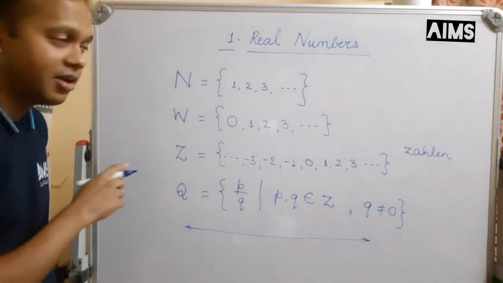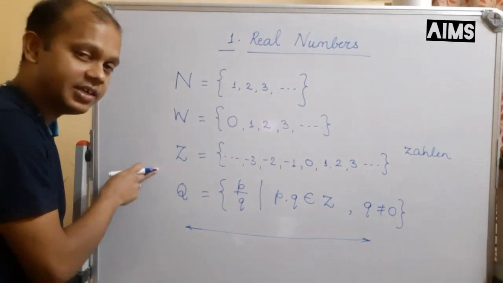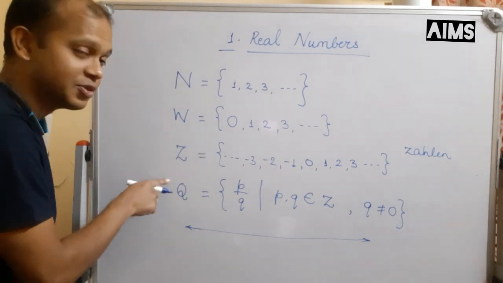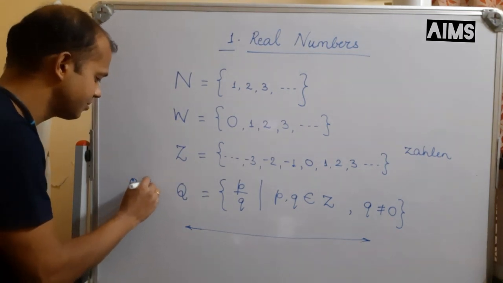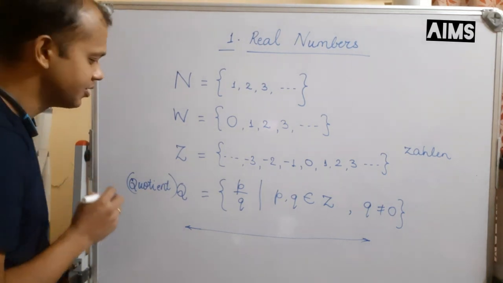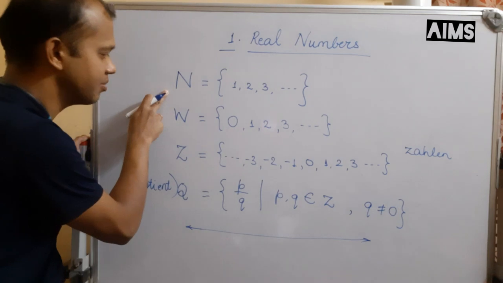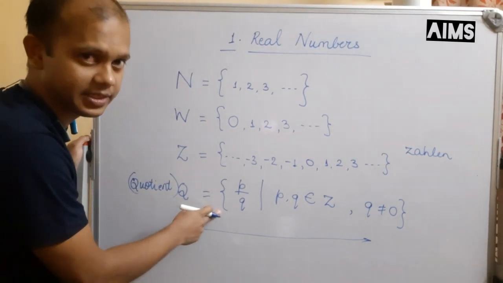The reason being, all these three, natural numbers, whole numbers and integers, are included in the set of rational numbers. So this Q stands for quotient, as it's a division. So if you observe, all the natural numbers, all the whole numbers and all the integers belong to the set of rational numbers.